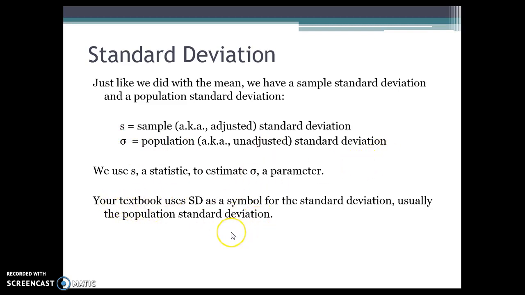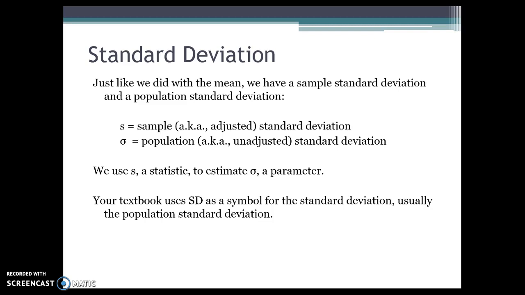Your textbook uses SD, and you'll see this in journal articles sometimes, as a symbol for the standard deviation. Usually when they use SD in your book, they mean the population standard deviation. And in your book, when they ask you to calculate the standard deviation, they mean the population standard deviation.